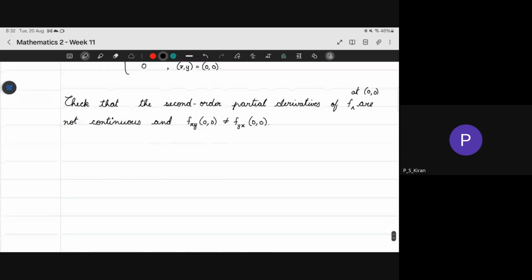Maybe take this function, one of the functions that we had discussed, where I consider it to be equal to 1 on this parabola and 0 everywhere outside.